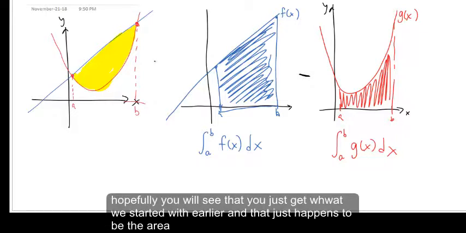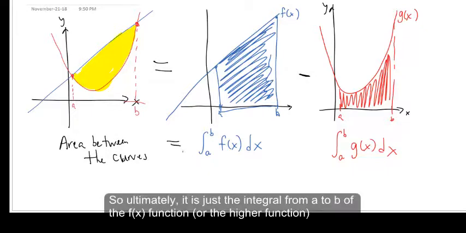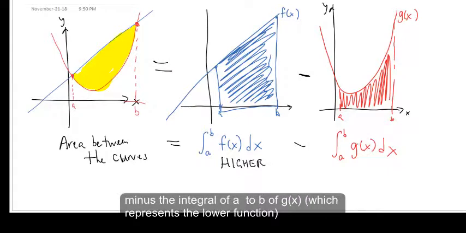Hopefully you will see that you just get what we started with earlier. And that just happens to be the area between the curves. So ultimately, it's really just the integral from a to b of the f of x function, the higher graph, minus the integral from a to b of g of x, which represents the lower function.